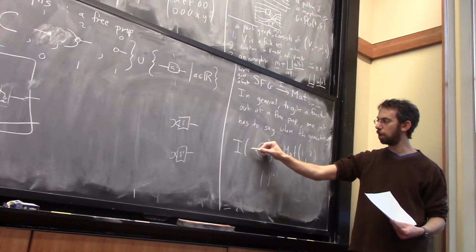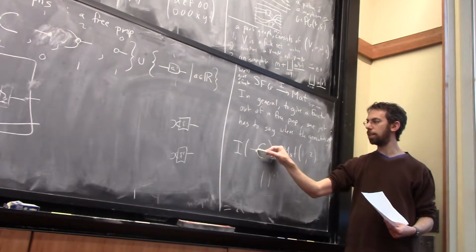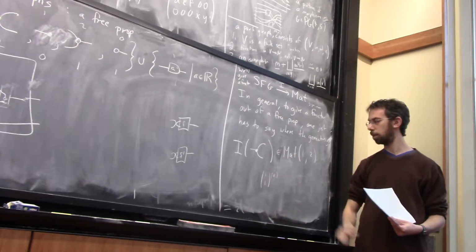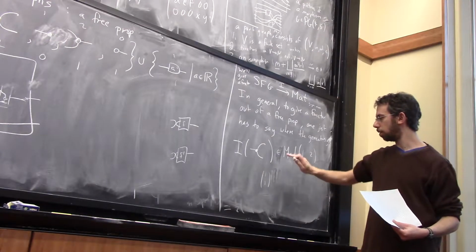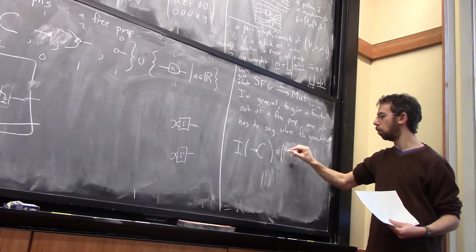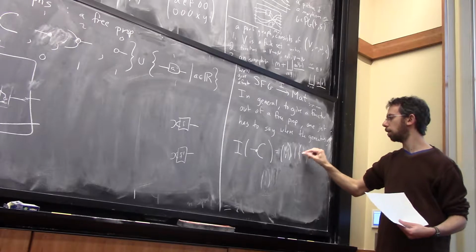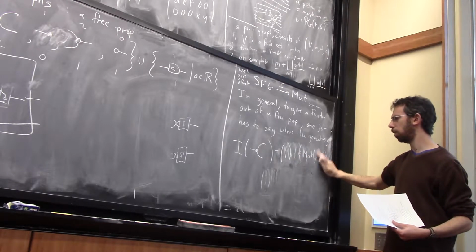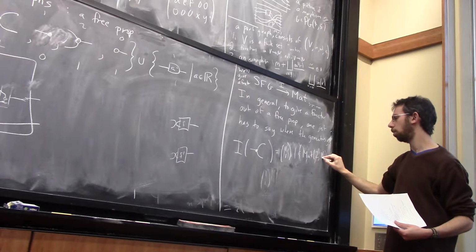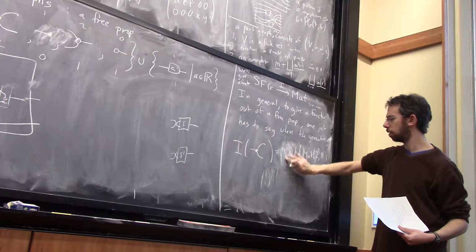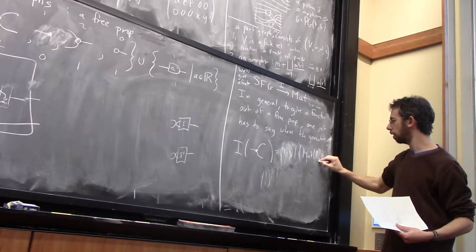Because if we remember what the semantics were, it took a signal and copied it. So I of this thing is going to be equal to 1, 1. Draw it horizontal? Yes, 1 by 2. Thanks.